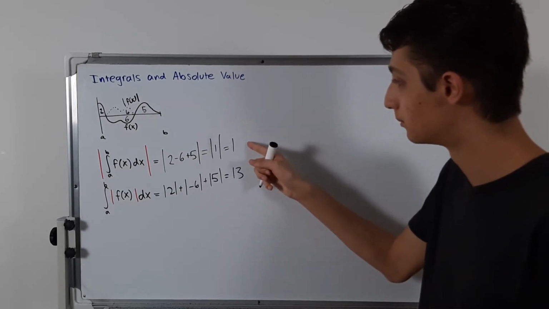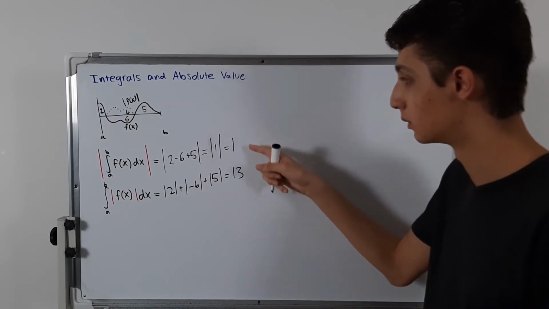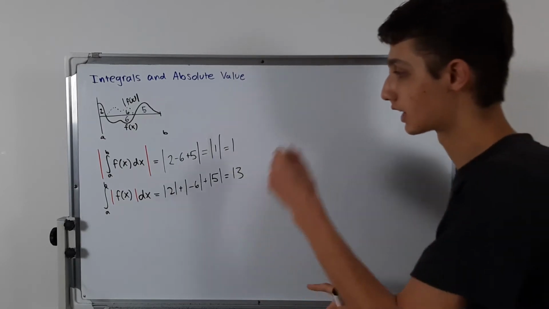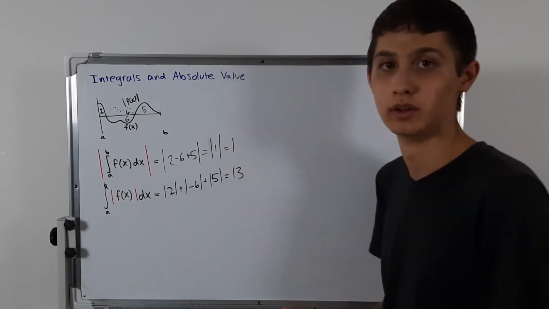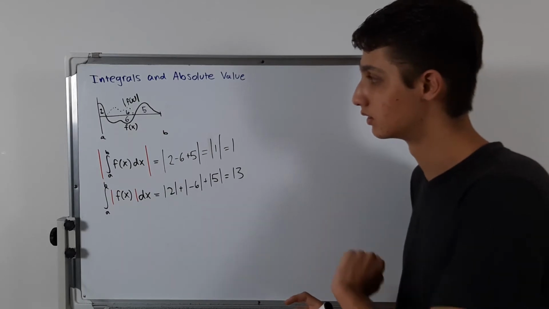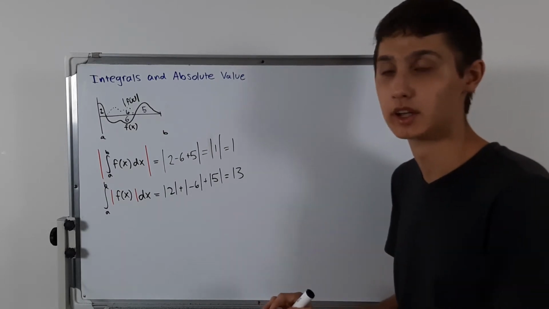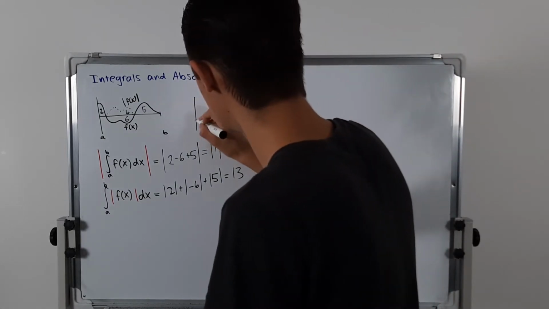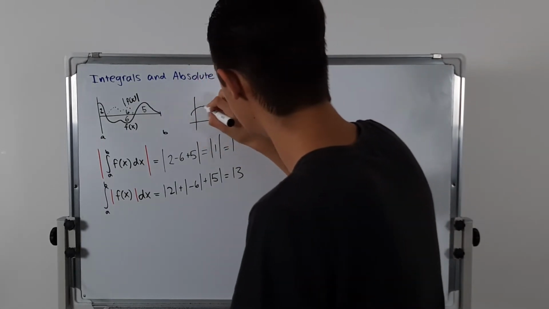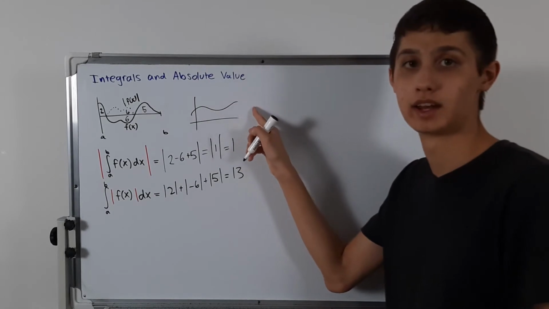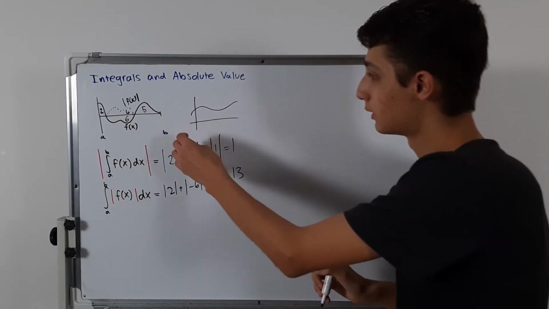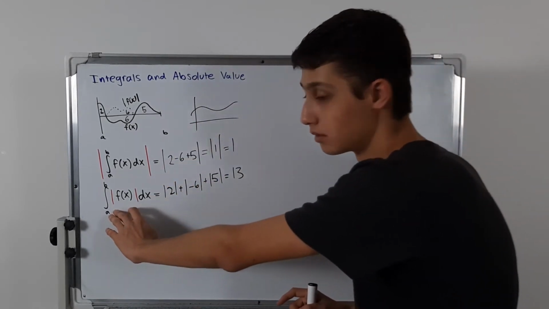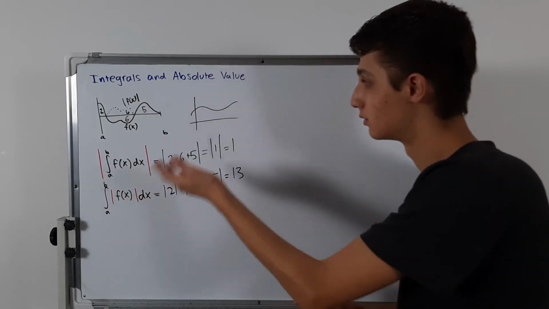So you can see that this guy will be bigger than this guy. And this is actually pretty much always true. The only case where this isn't true is when they're equal to each other. And that occurs whenever your function, so let me just draw another example of a function, is entirely positive over that interval. If it's entirely positive, the absolute value of the function is exactly the same as the function itself.